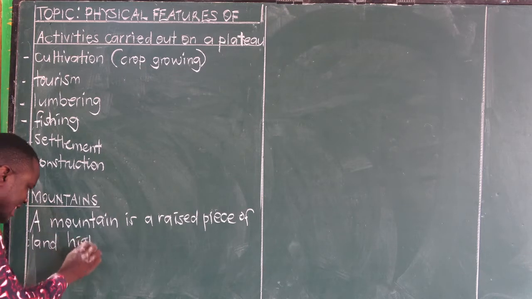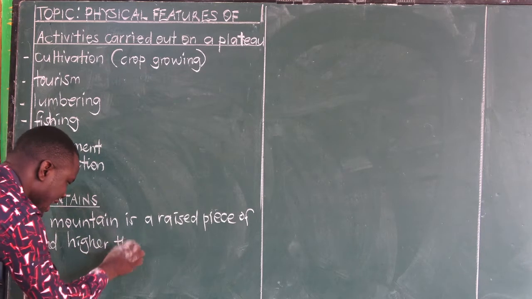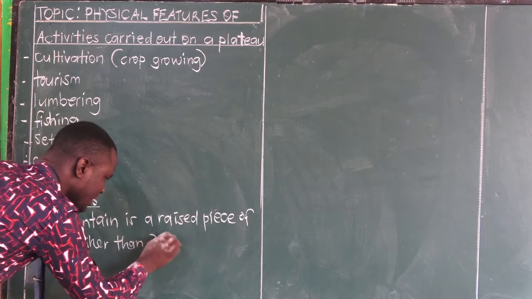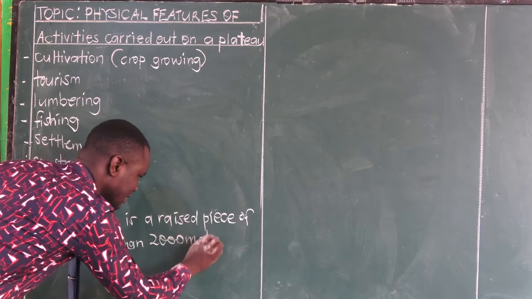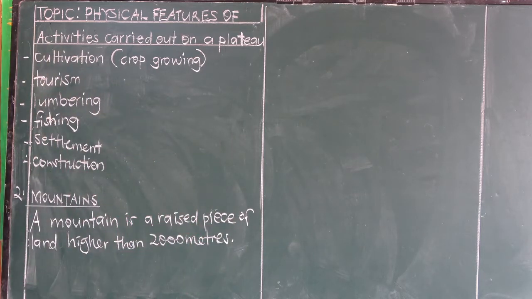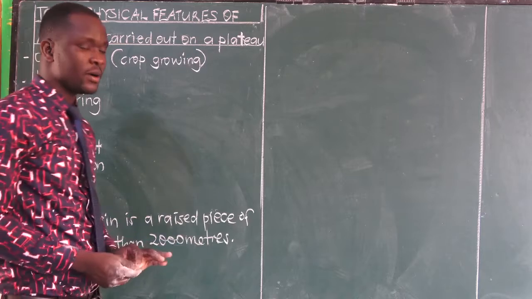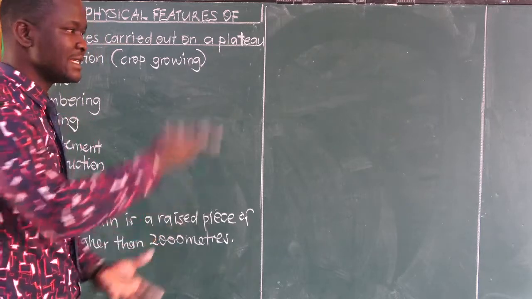A mountain is a raised piece of land which is higher than 2,000 meters. That is how we can simply define a mountain. Remember, mountainous areas are high above the ground level, and that is what we call altitude.